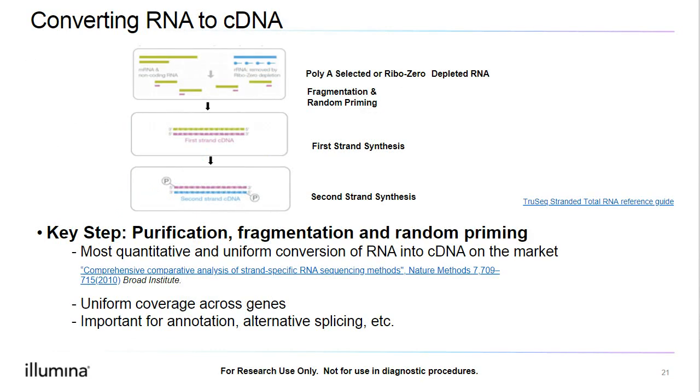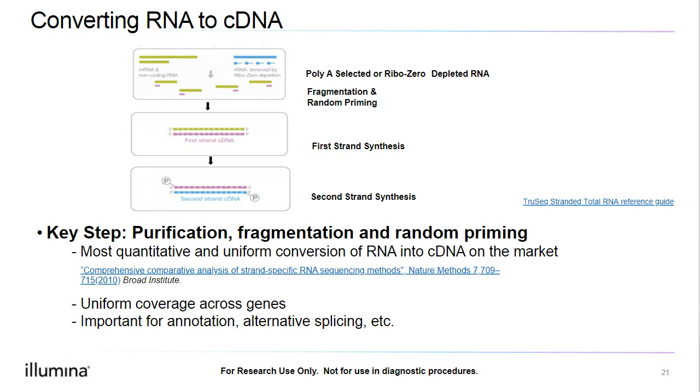After we do our RNA selection or RNA depletion, we need to convert RNA to DNA. So what happens is that after poly-A selection or rRNA depletion, we will fragment and randomly prime our RNA transcript. We will then proceed onto first strand synthesis and second strand synthesis.